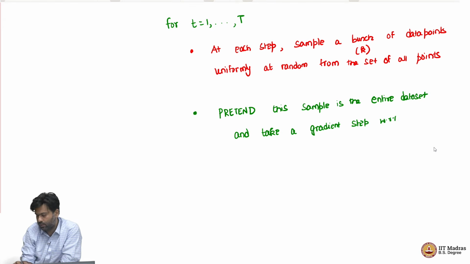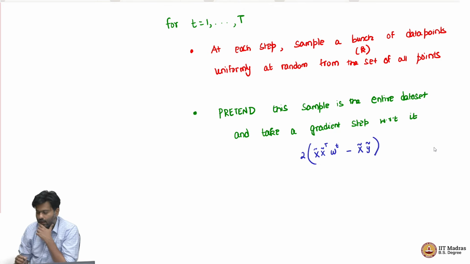Which means our gradient at the tth step is going to look like the following: 2 times x tilde transpose x tilde w t minus x tilde transpose y tilde.